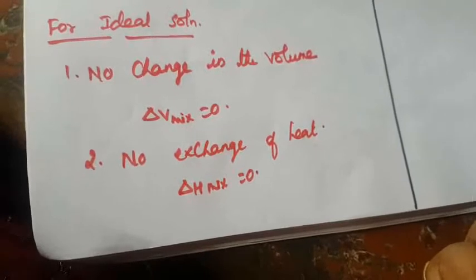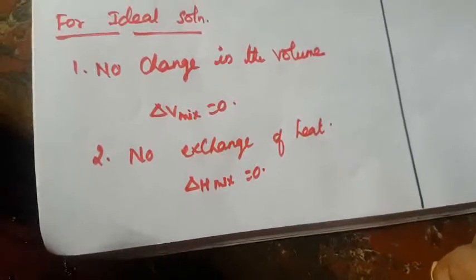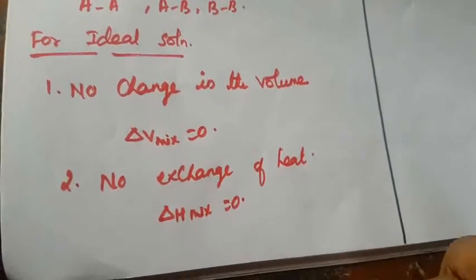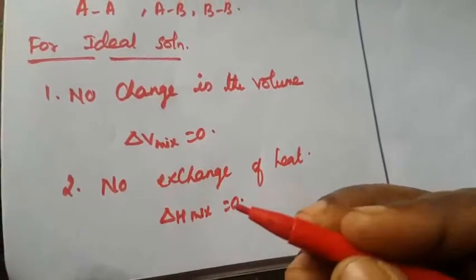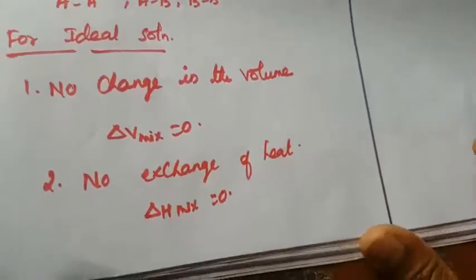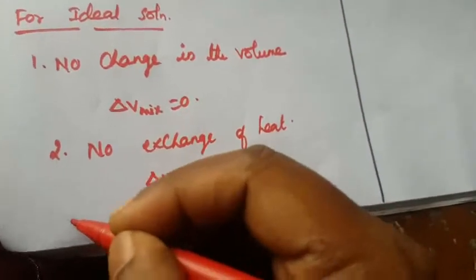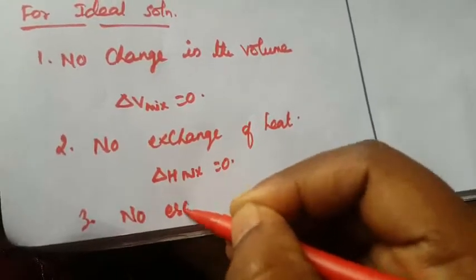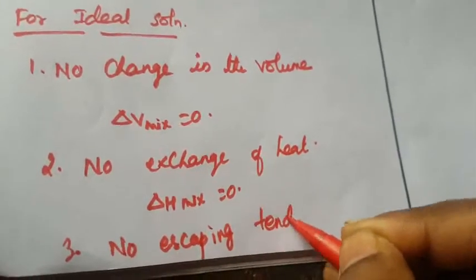Third one, the escaping tendency of the solute and the solvent present in it should be the same as in the pure liquid. What is the meaning of that? No evaporation of the solute takes place in the solution. After mixing the solution, there is no escaping tendency of the solute.